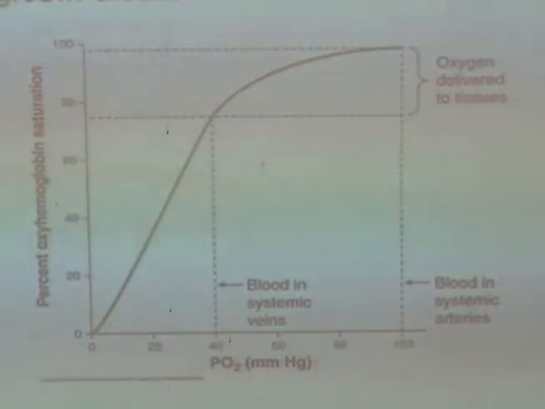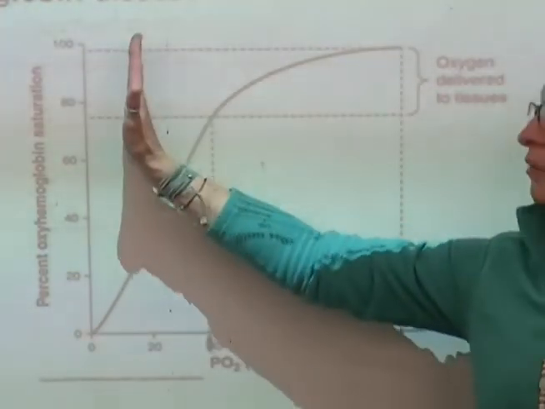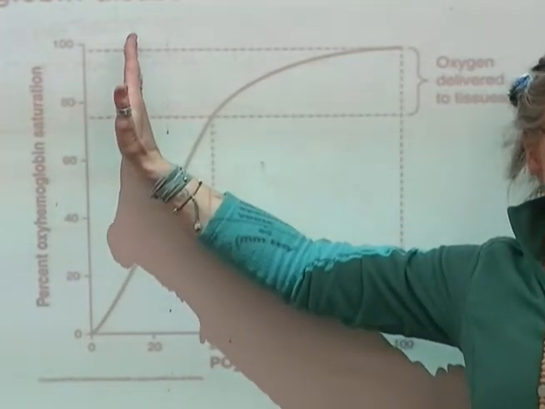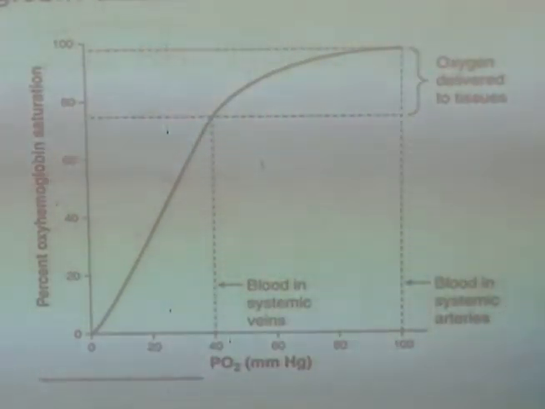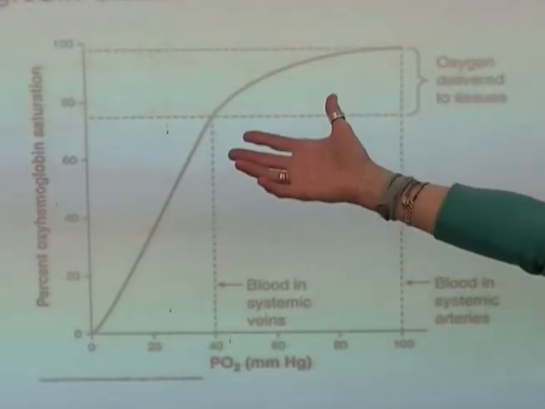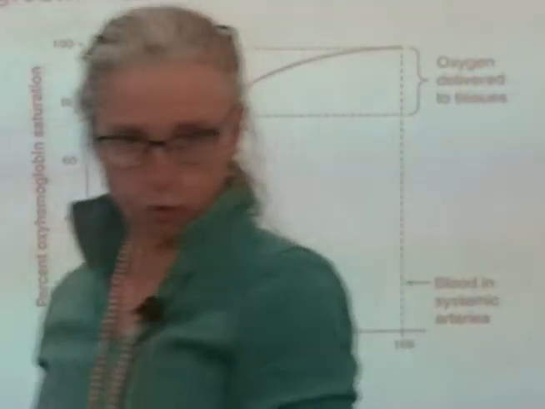When I'm cold, and one of the reasons that we have to do a good warm-up before we exercise is because when I'm cold, the curve shifts to the left, and that increases how tightly oxygen is bound to hemoglobin. So it's like when I'm hot, the bus drives along with the doors wide open and the oxygen can fall out the door.